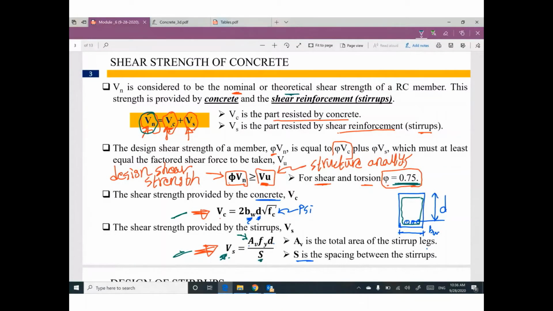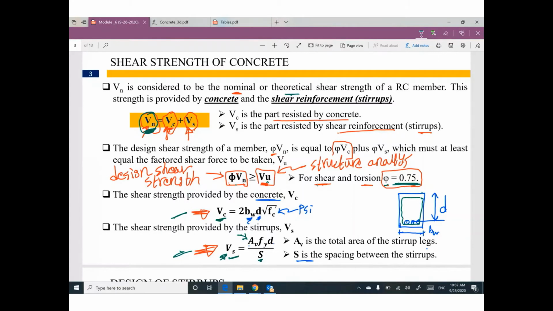The cross section is given. So everything is given. I can figure out the design shear strength. I will use this value plus this value to figure out this value, multiply it by phi, so I can figure out the design strength and make a comparison to make sure this beam is safe or unsafe.